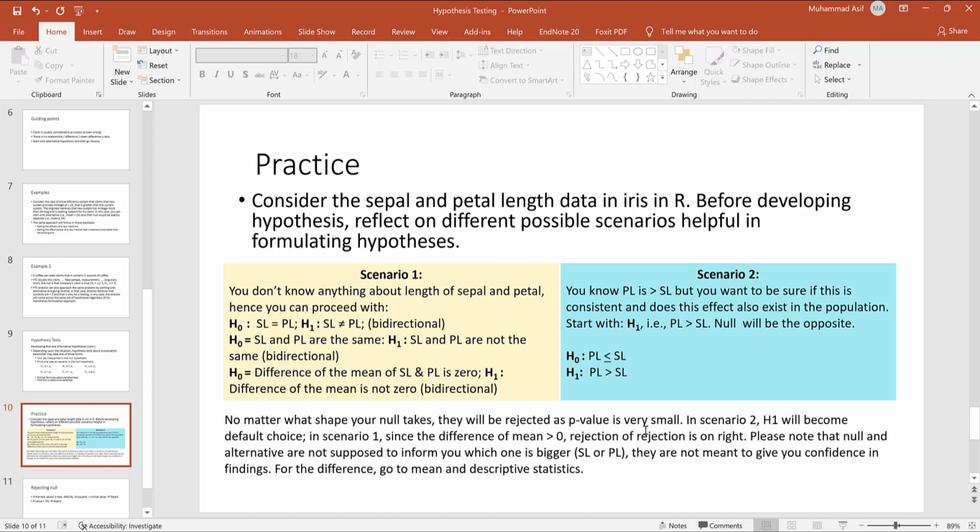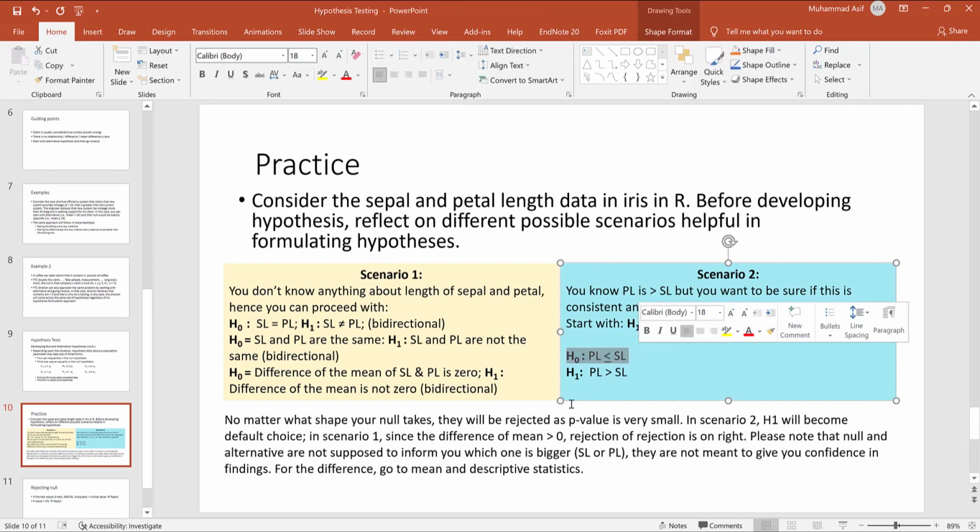You will come to the same conclusion. The p-value will be very small, which means that in this hypothesis the null will be rejected in favor of the alternative, and here too the null would be rejected in favor of the alternative hypothesis.